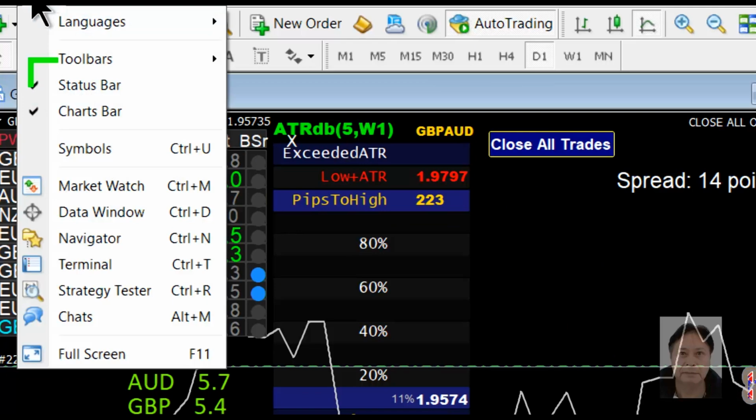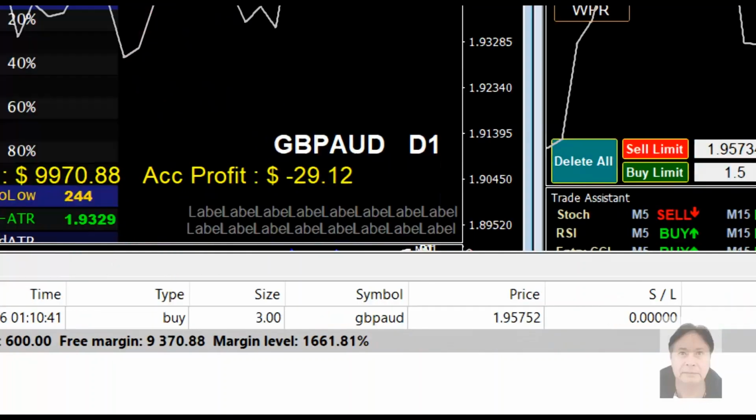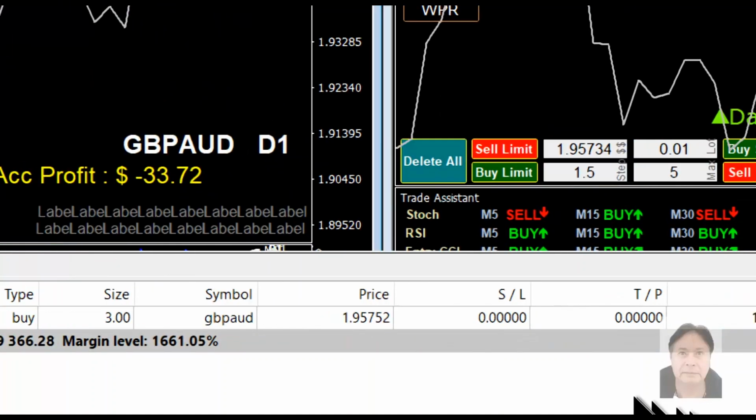Go to view and then terminal, so that we know what we're dealing with. Now, that is the price that we bought it at, 1.95752, and we need to put a stop loss on that. Because we're buying up, because we're doing a buy trend, the stop loss has got to be below it.